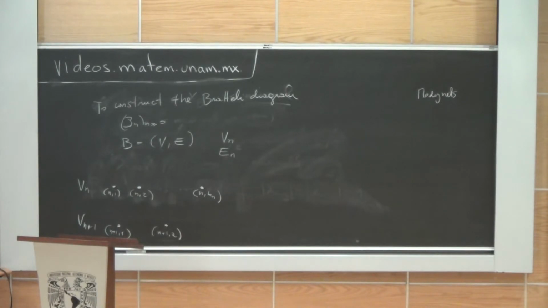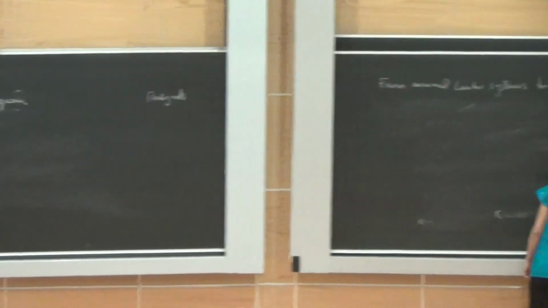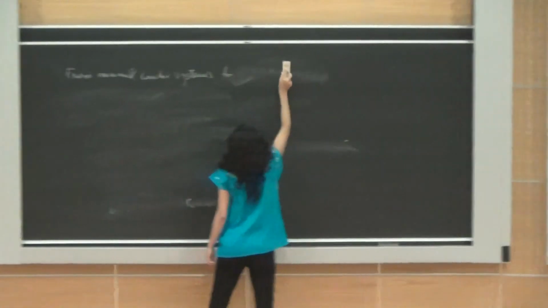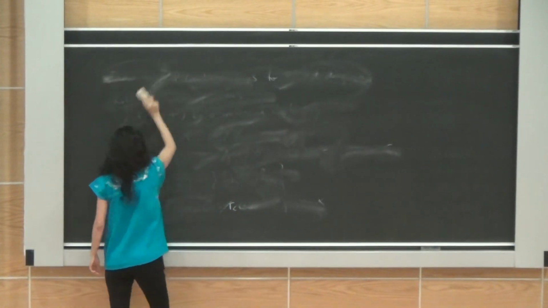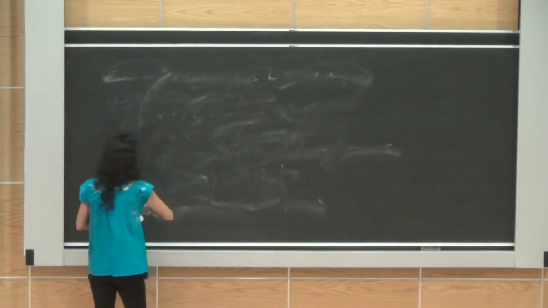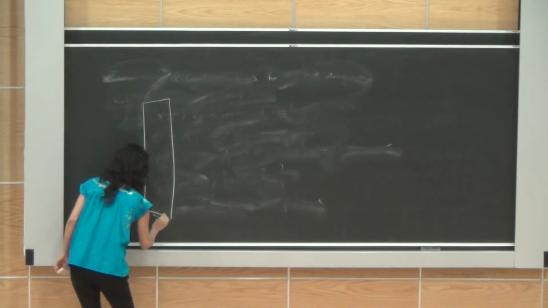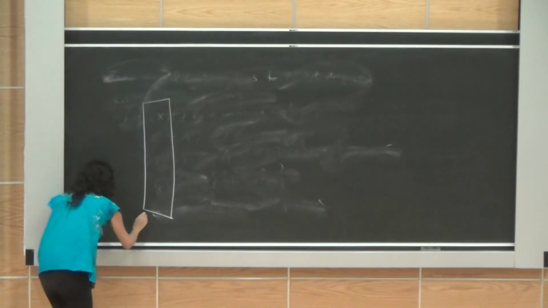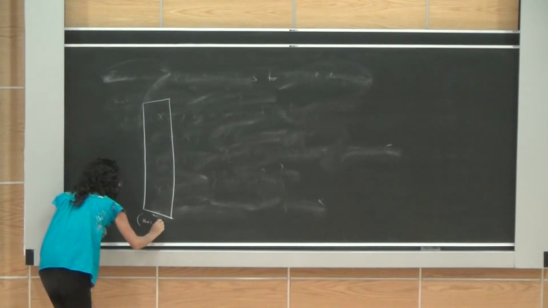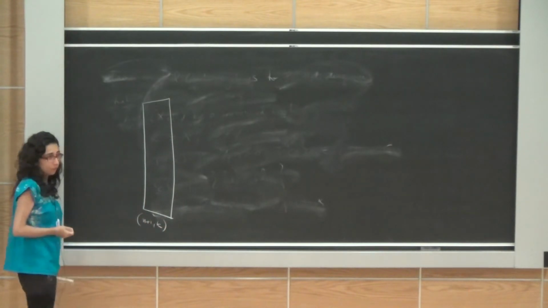What happens if I see a tower of the partition n plus 1? Suppose that here I have the picture of the tower k of the partition n plus 1.